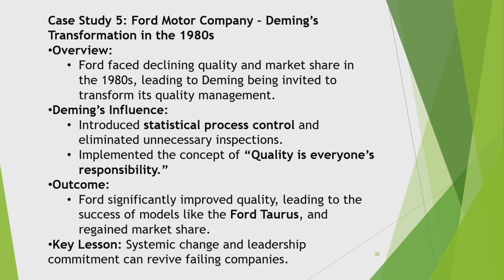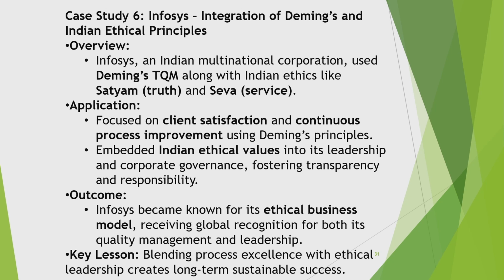Ford Motor Company, we are very familiar that Ford first used the concept of mass production, but Ford faced declining quality and market share in the 1980s, leading to Deming being invited to transform quality management. Deming went there, and then they did systematic change and leadership commitment. By that they improved. Ford significantly improved quality by following proper statistical process control and implemented the concept of quality is everyone's responsibility.